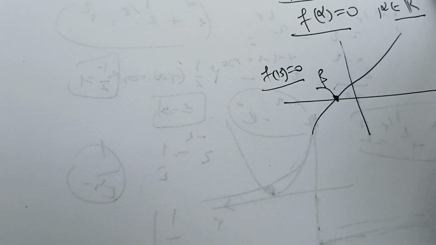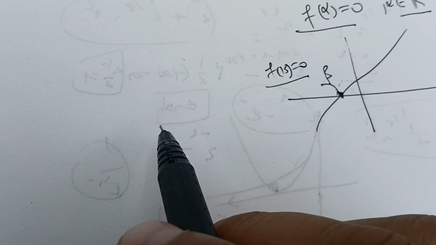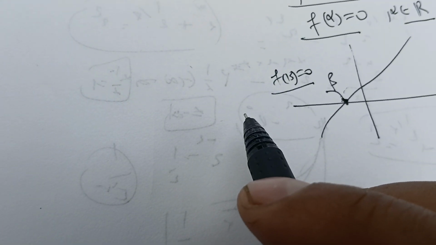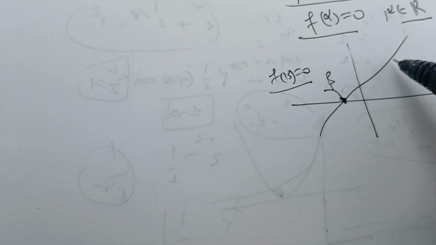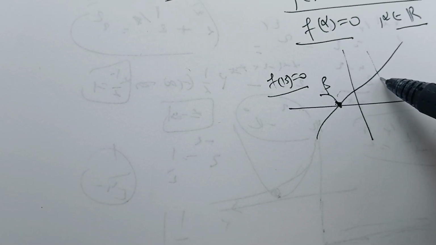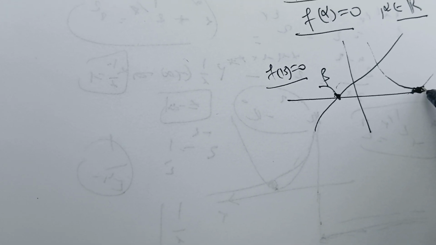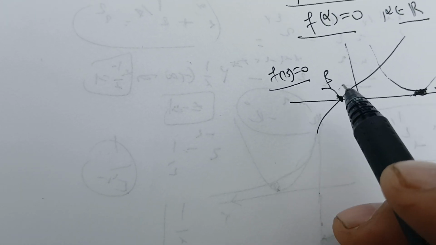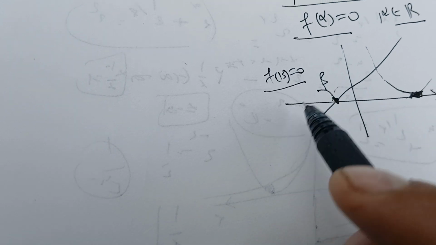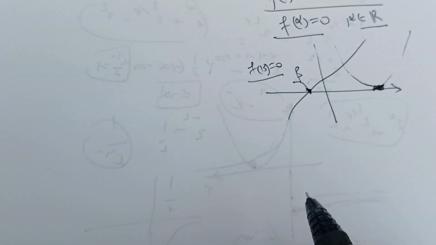If f is increasing, that means this is the only solution. But sometimes you can have a function that can just hit the x-axis and make 0. So let's graph this one here.